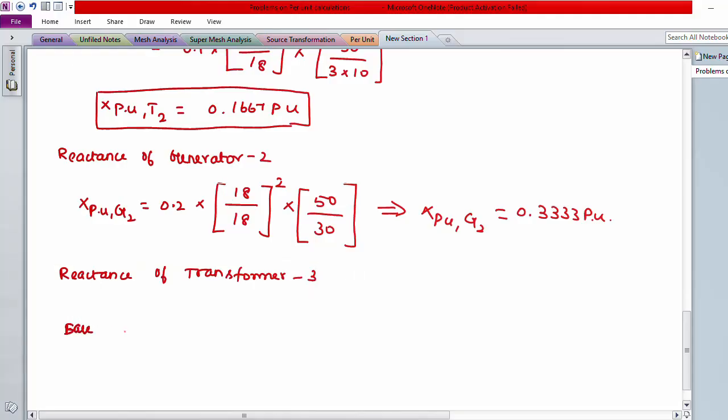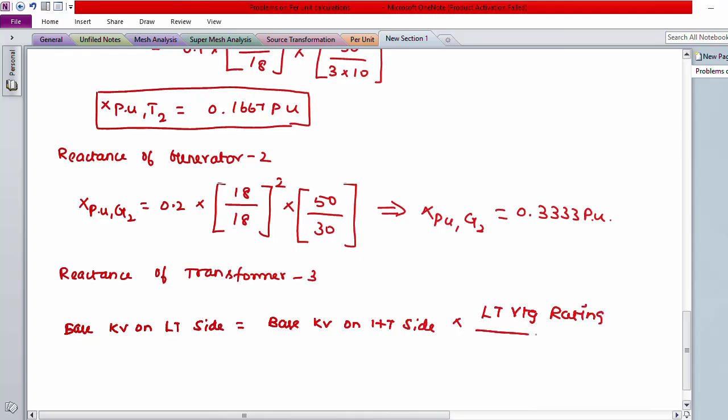Base kV on LT side is equal to base kV on HT side into LT voltage rating divided by HT voltage rating.